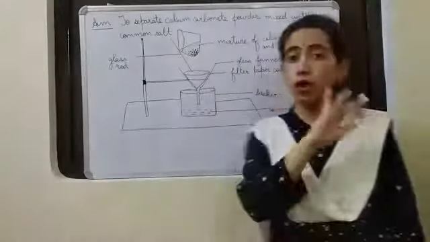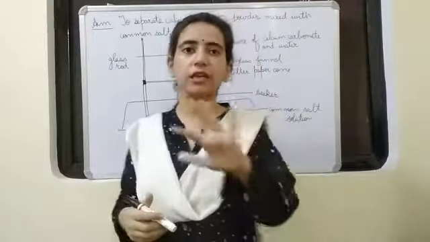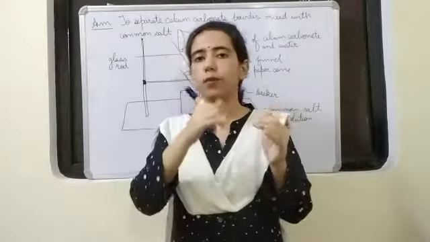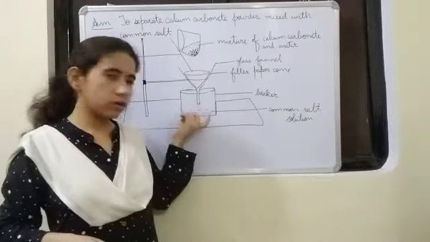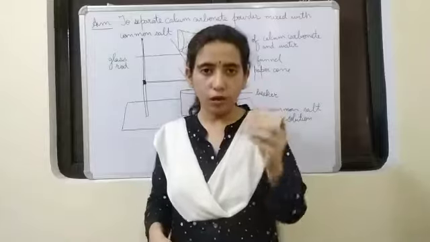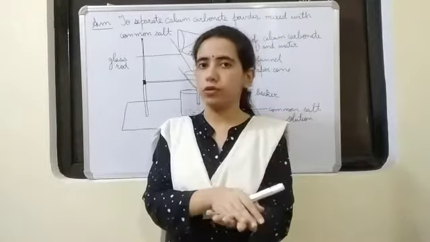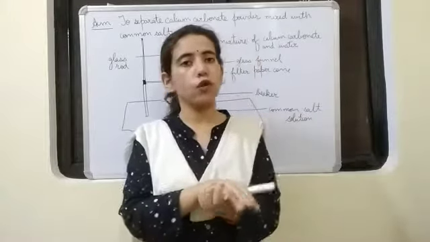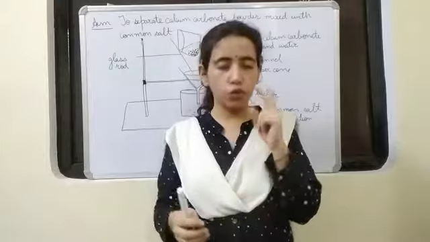But still we have not got the common salt. Now what to do? We can follow the second technique. You know how to separate common salt from water. We have to follow evaporation. We will take this common salt solution and evaporate it. We will heat it, water will go in the form of vapors, and what will be left at the end is common salt. So for the separation of common salt and calcium carbonate, we have to follow two methods.